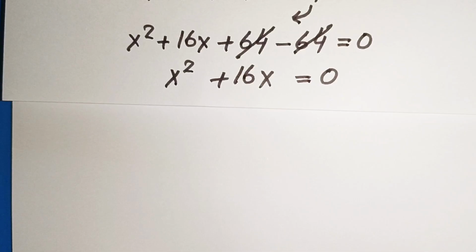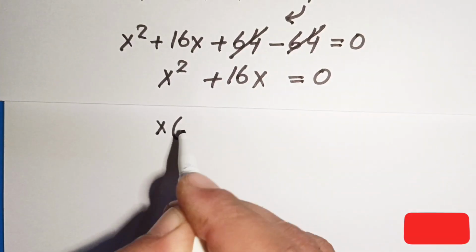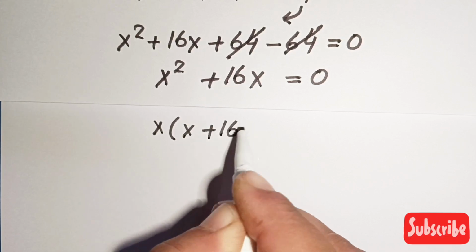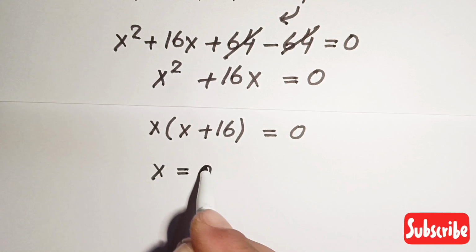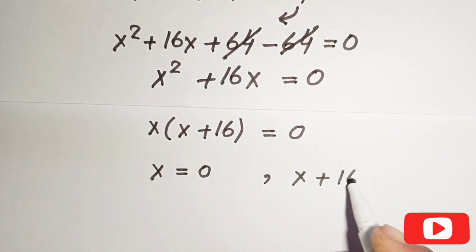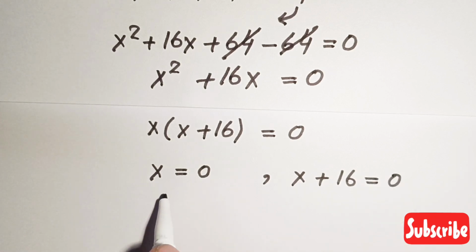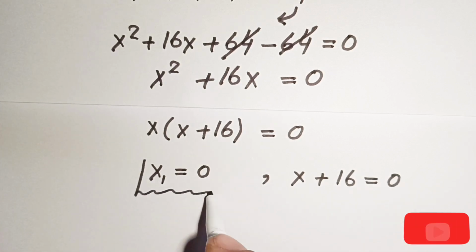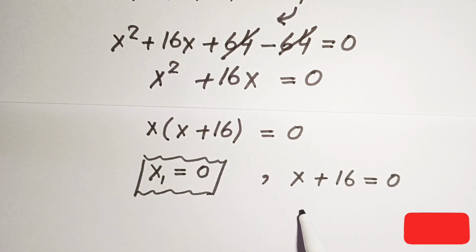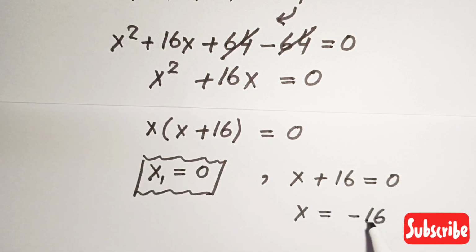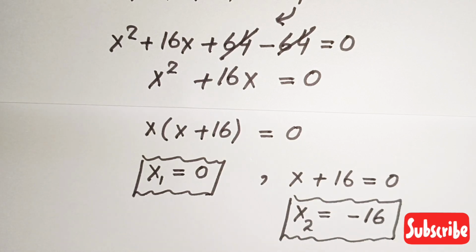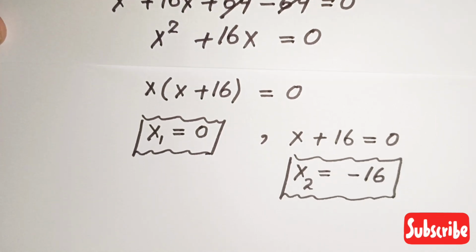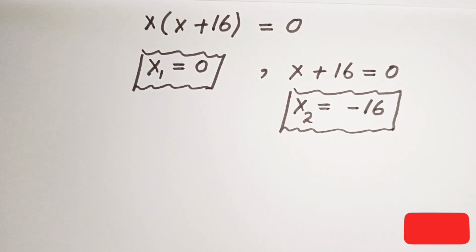Now if we take x common, we have x(x + 16) = 0. Here x = 0 and x + 16 = 0, so the first solution is x1 = 0 and the second solution is x = −16. So we have found two different solutions of x by method number 1 as well as method number 2.